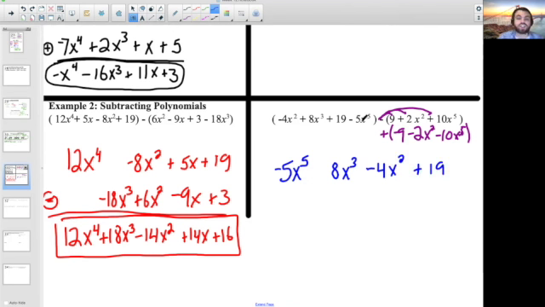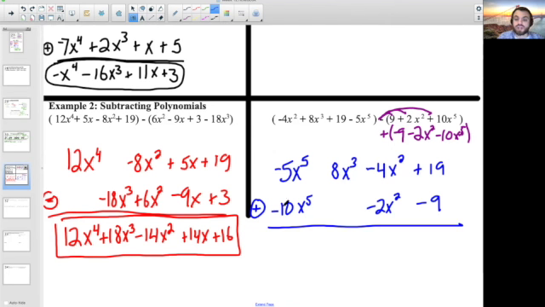I notice I should skip the x, but there's no x in either one. All right, here, make sure again you put your plus sign. So I have negative 10x to the fifth, minus 2x squared, and negative 9. All right, here we go.